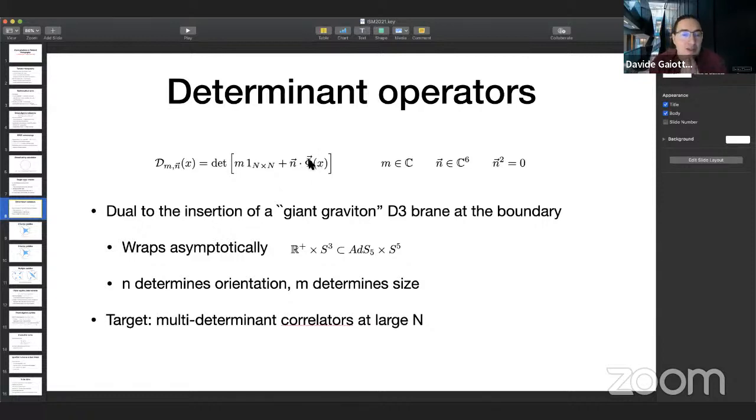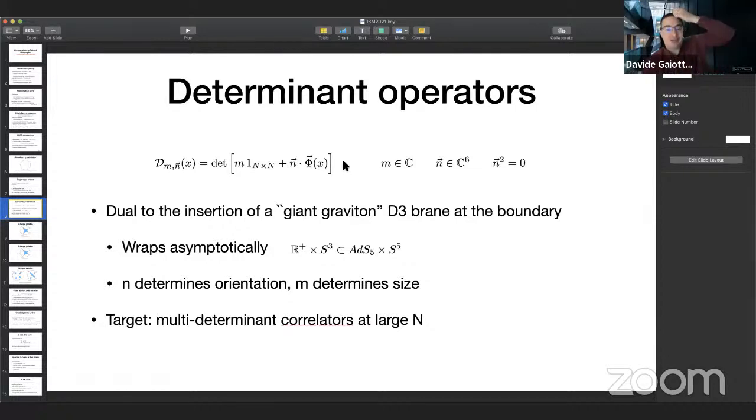You take a certain null combination of the scalar fields of N=4 super Yang-Mills, maybe you add a multiple of the identity, and you take the determinant of that. So you get a certain superposition of polynomials in traces, of order N, which depends on this parameter m and on this direction n.